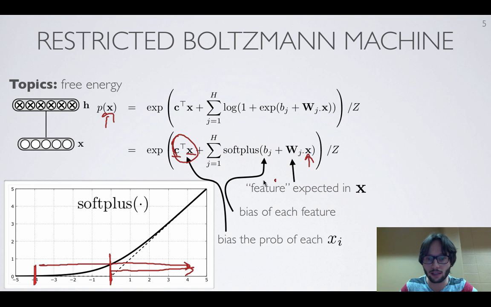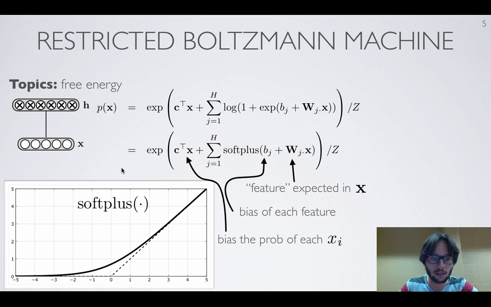So that's the role that each of the different parameters is playing. And now it makes it more explicit that we can really think of the hidden units as features. If we want the probability of all of our training examples to be high, then we want the different rows of W to represent meaningful features that are often present in our training data sets. The more these terms are positive, the greater the probability associated with a given input.